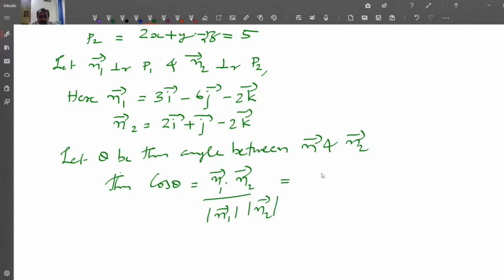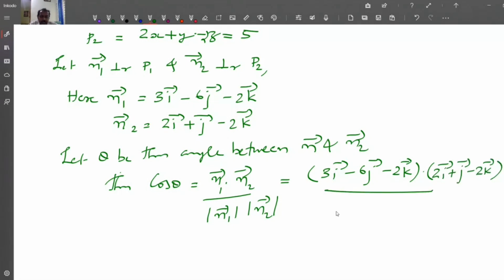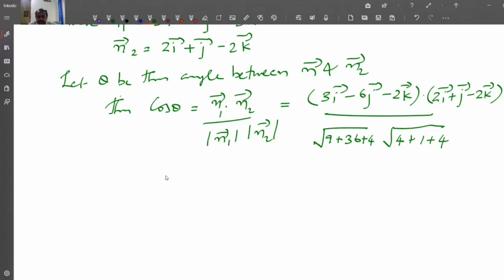So this is equal to 3i minus 6j minus 2k dot 2i plus j minus 2k divided by square root of 9 plus 36 plus 4 into square root of 4 plus 1 plus 4. So you'll get this as 6 minus 6 plus 4 divided by square root of 49 into square root of 9.